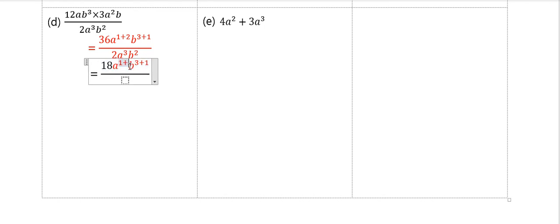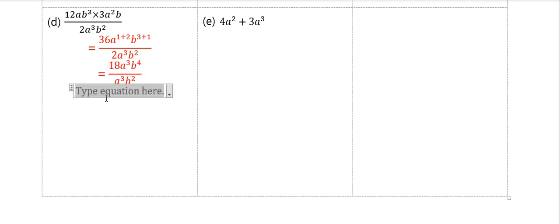Simplify them: a power 1 plus 2 is power 3, and then b power 3 plus 1 is 4, right? And then the 2 is already cancelled because of 36 divided by 2, so all you have left is a cube, and then b squared. Let me make them all red. All right, as you can see, it's getting simpler and simpler by time.